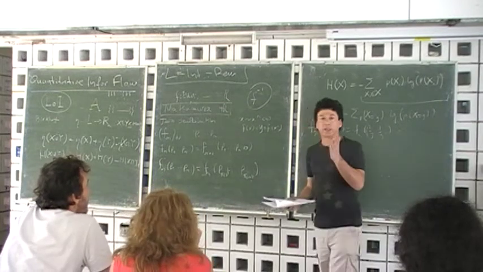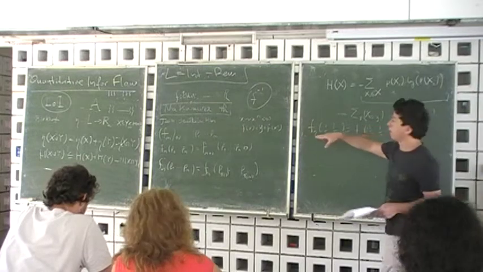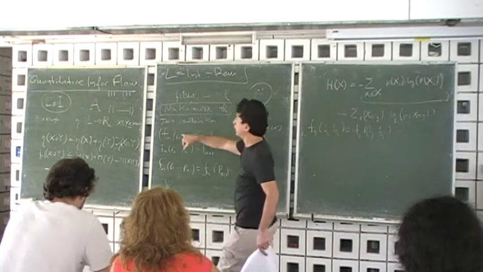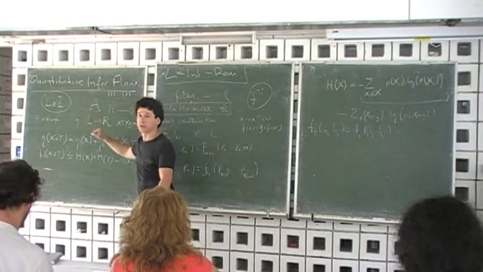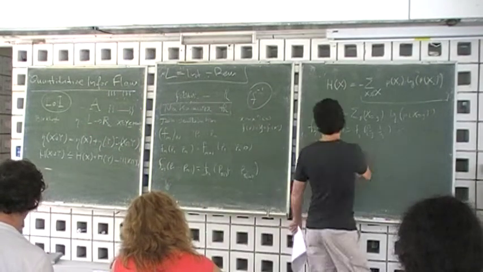Now, if you have such a family, then you can build a map from this lattice of random variables to reals by doing this.